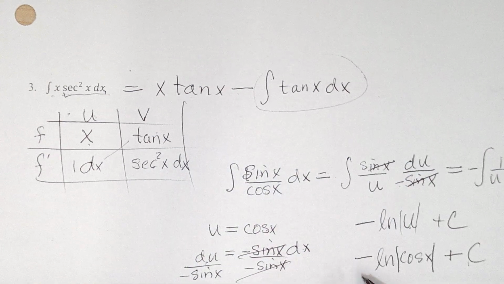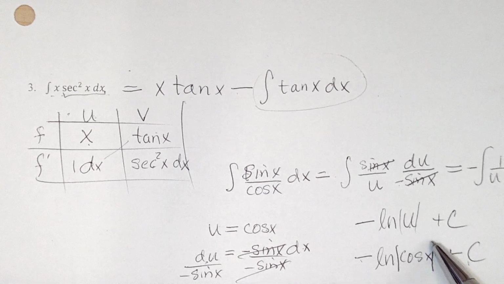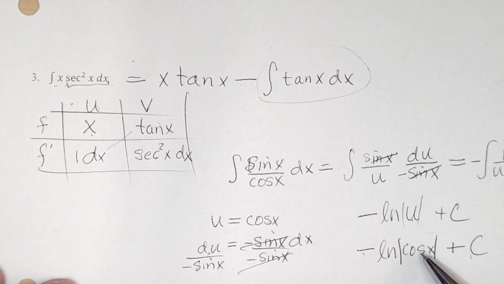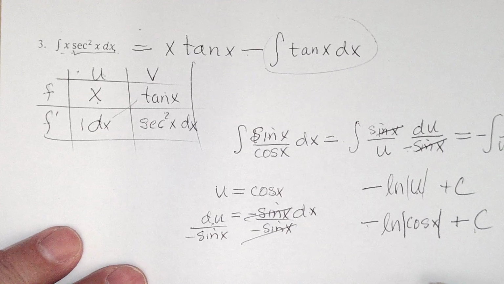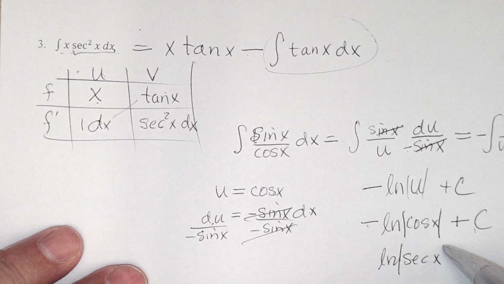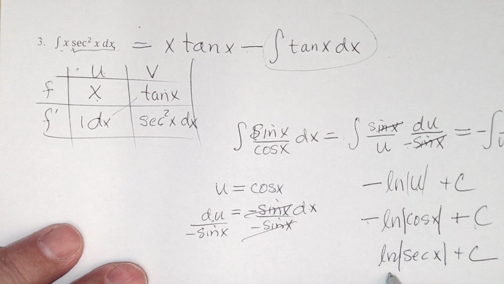But often the minus is put up as the power on the cosine. So cosine of x to the minus 1 makes it 1 over cosine x, or secant x. 1 over cosine is secant x. So that's often used for the antiderivative of tangent.